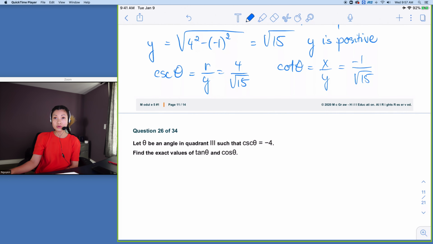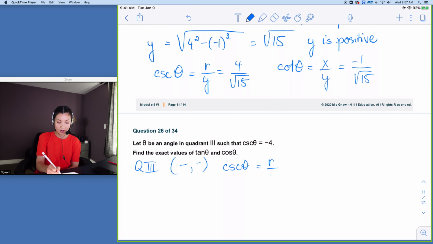They give you the angle in Q3. So in Q3, what do we know? We know that it's going to be negative and negative. X and Y, both negative. Cosecant, we know, is r over y. R is always positive.